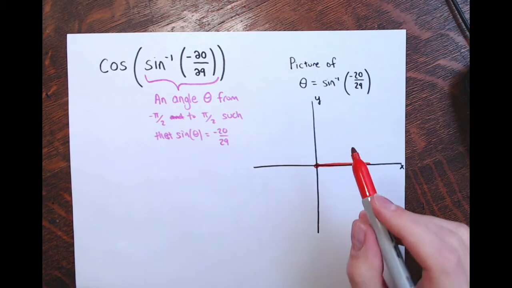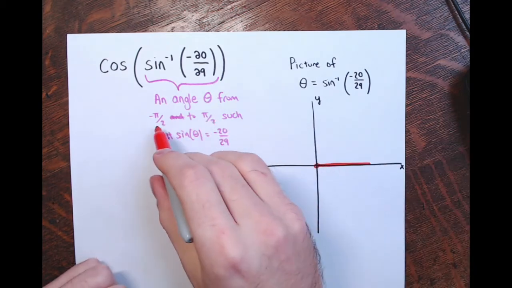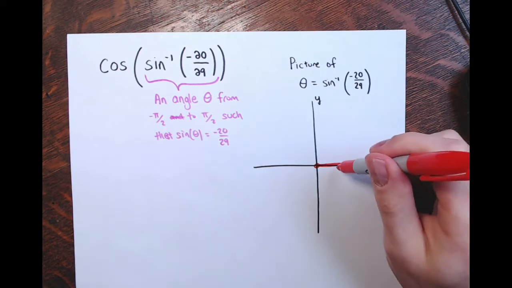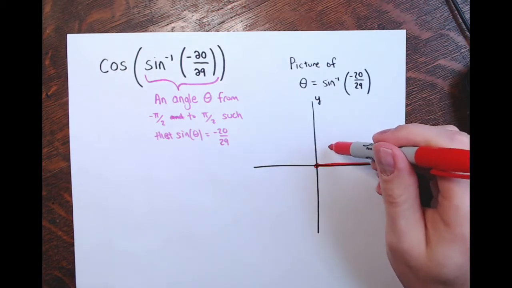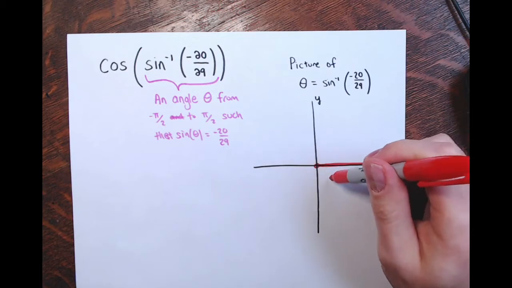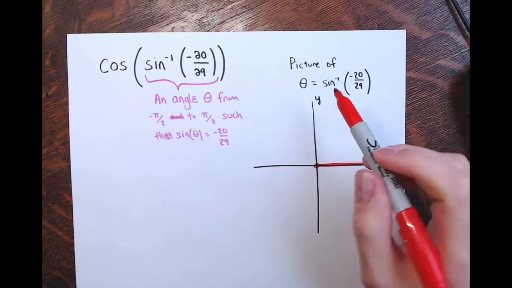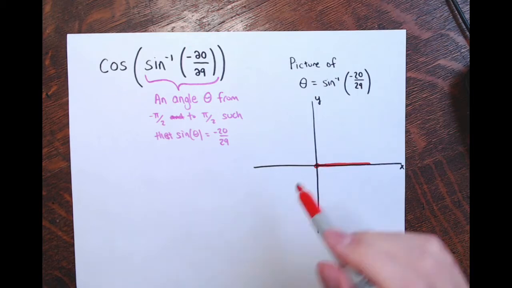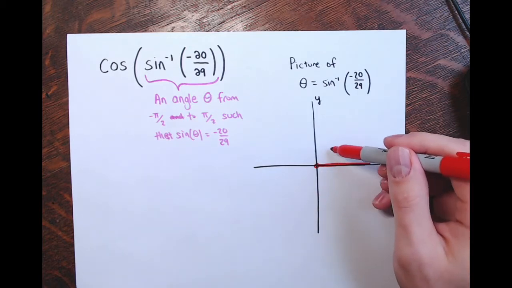Now, I'm looking for an angle between, again, negative pi over 2 and pi over 2. That's what inverse sine gives me. So that's quadrant 4 or 1 with a sine of negative 20/29. So it can't be an angle in quadrant 1.